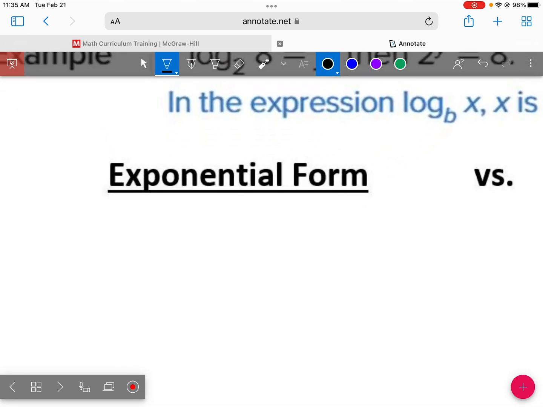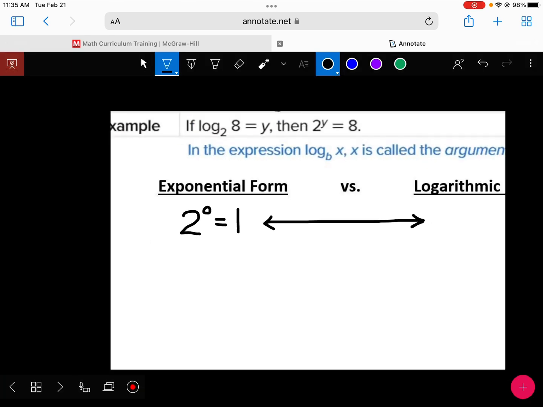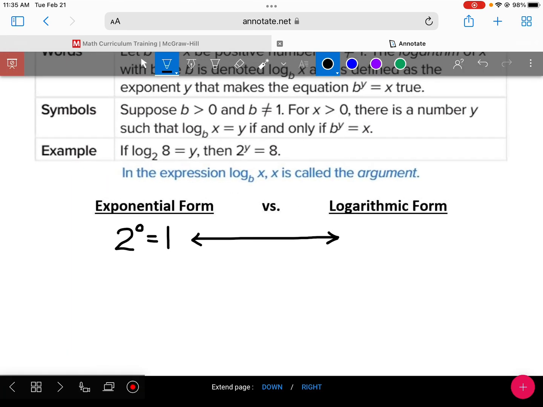All right. So first up, let's do 2 to the 0 power. Anything to the 0 power is what? 1. So 2 to the 0 power equals 1, right? Is that true or false? That's true. I can write that exact same idea in logarithmic form. What 3 letters did I say has to go at the beginning if you're writing something in logarithmic form?